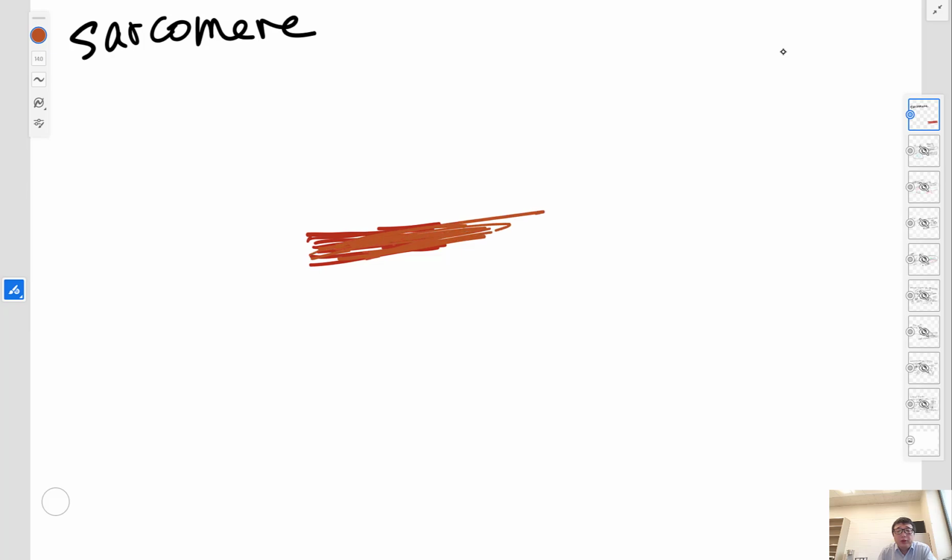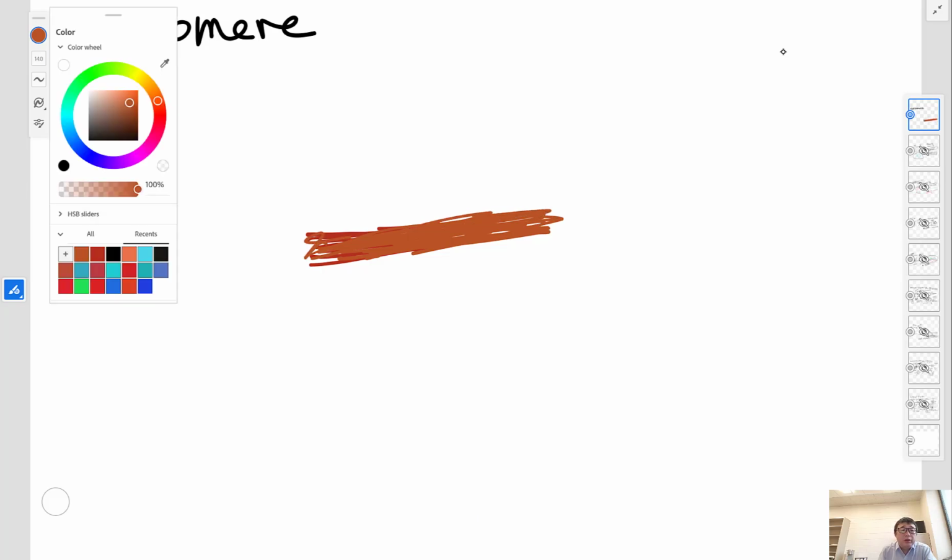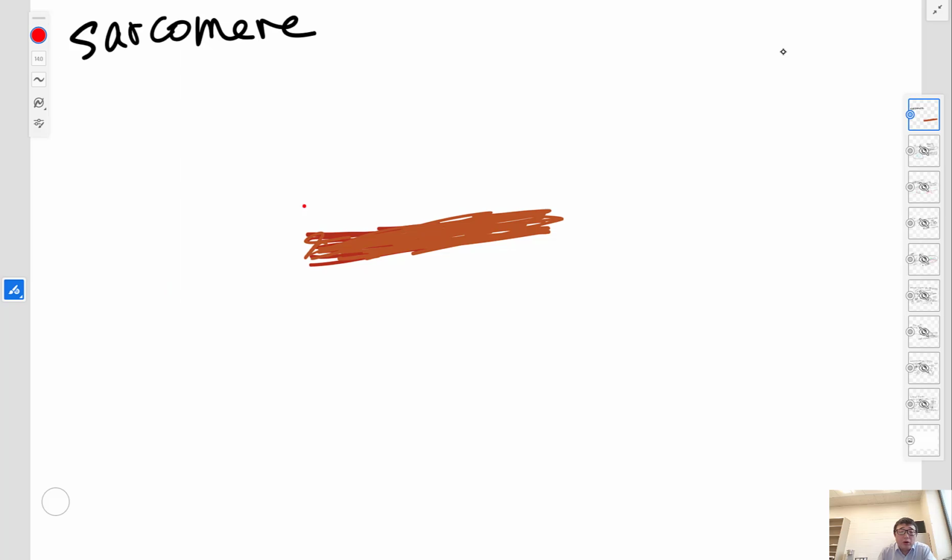Let's draw it a little bit longer. They are so nicely bundled together that they have all of their heads on the surface, and actually in a rotating way, all their heads on the surface.